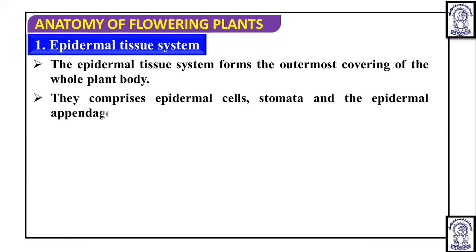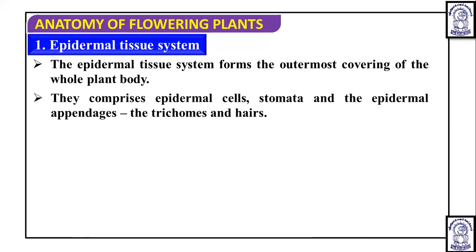So the epidermal tissue system forms the outermost covering of the whole plant body. It consists of epidermal cells. They also have stomata in the epidermis. There are some epidermal appendages like trichomes and hairs. So we are going to mainly talk about these three things.